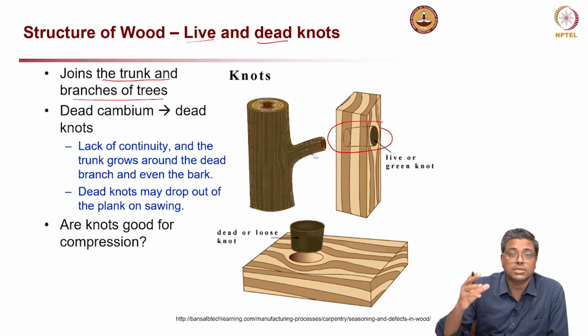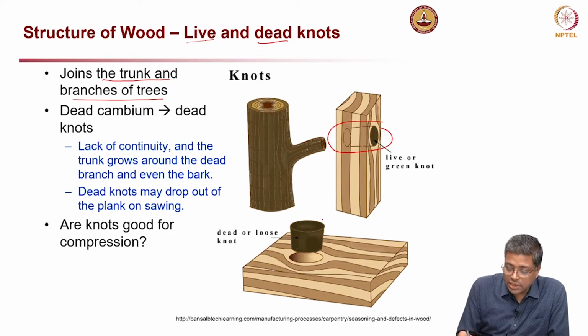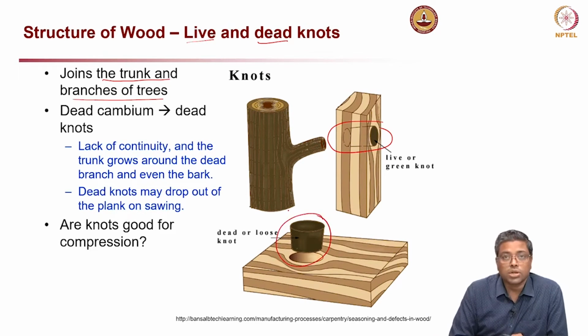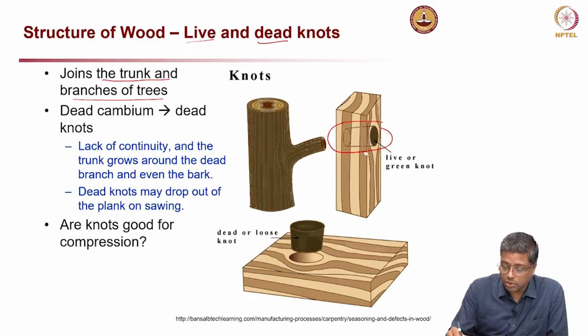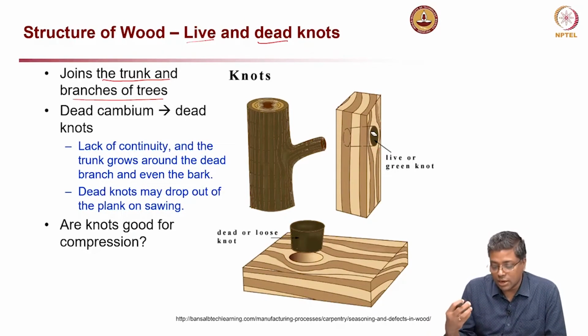That means it is active, they are connected together, they are bonded well together. Now, if it is a dead knot like shown on the bottom right image, you can see that it is not mechanically bonded to the wood.